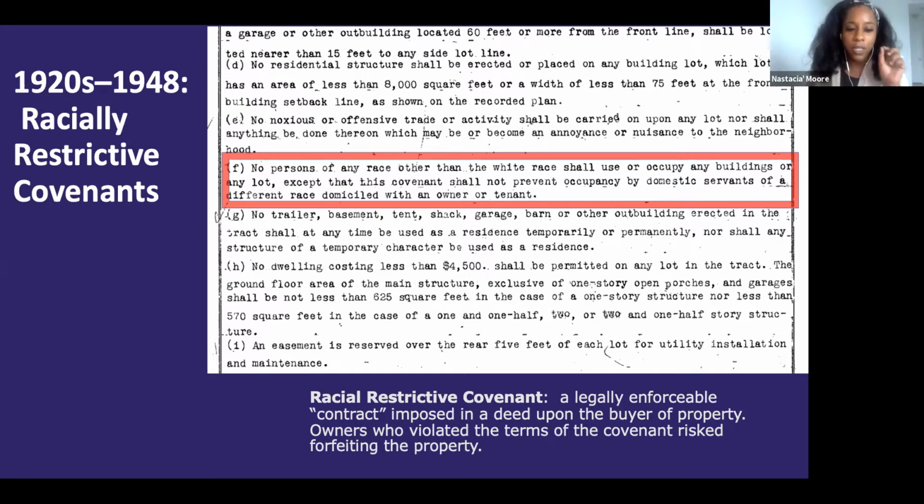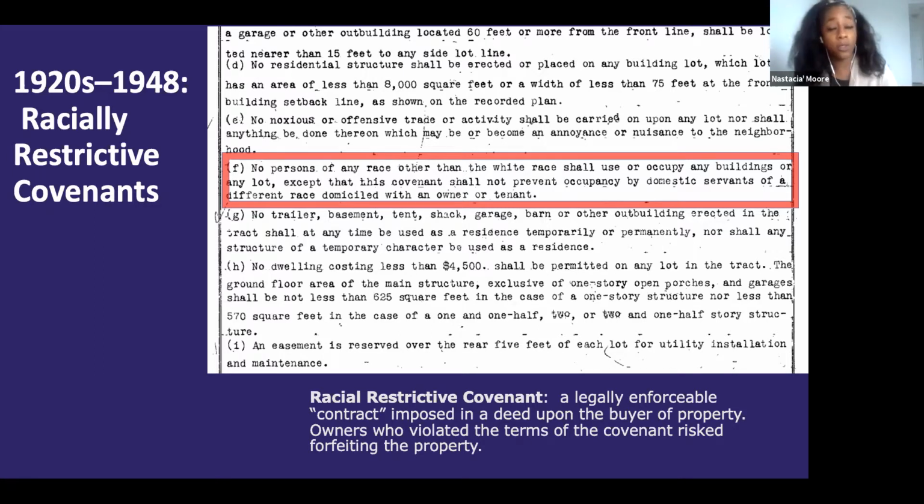And so if you read here closely, it says, no persons of any race other than the white race shall use or occupy any building, any lot, except for the covenant. For this covenant shall not prevent occupancy by domestic servants of a different race domiciled with an owner or tenant. And so real estate agents used these restrictive covenants to protect white investment, to attract white buyers into purchasing property.